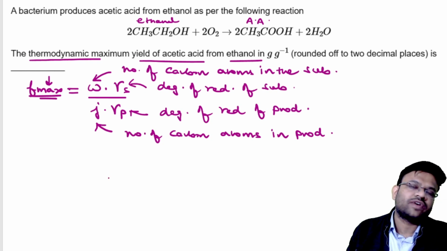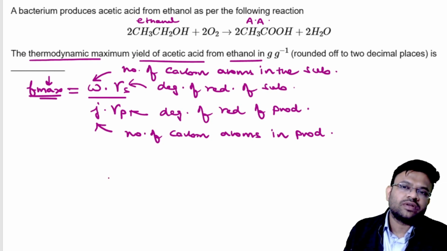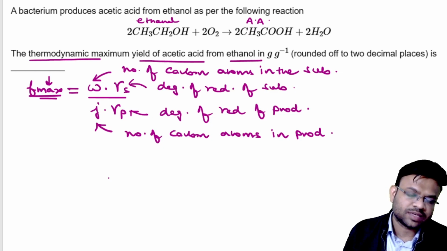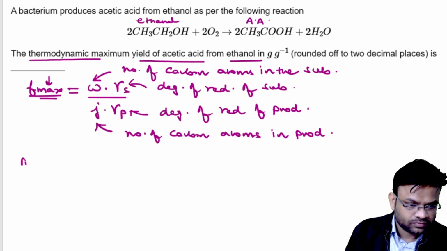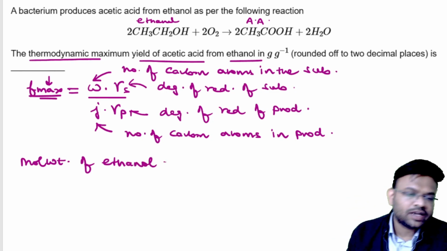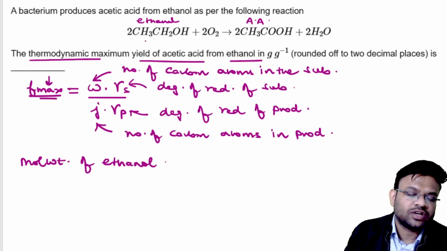Let us first find out the molecular weight of ethanol, the substrate here. How can we calculate the molecular weight of ethanol? It is CH3CH2OH, as given to us.